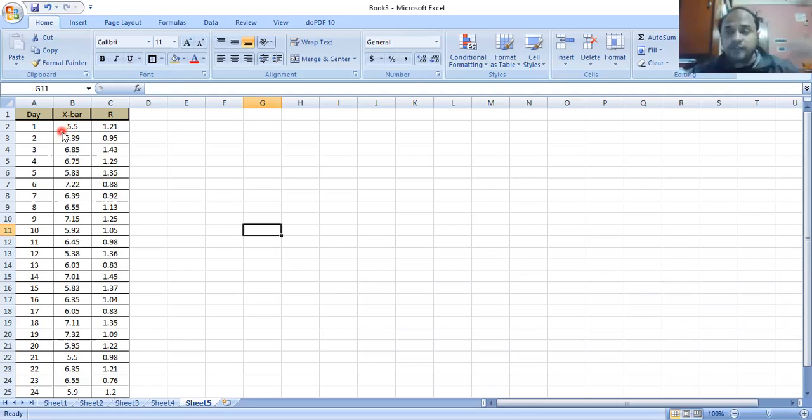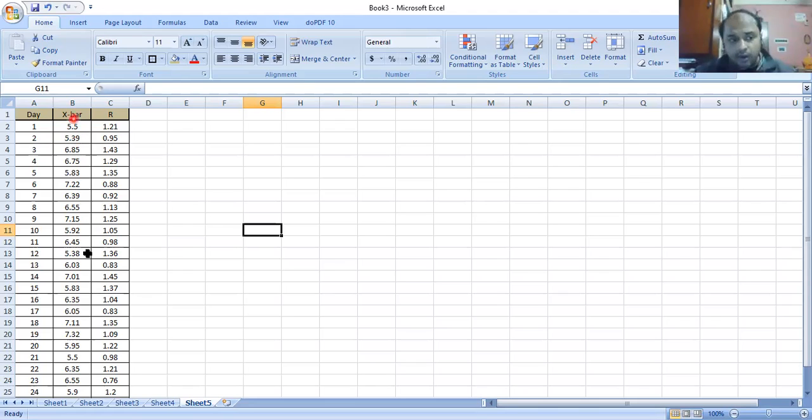For 3 consecutive values, the average has been taken. That means the values were added and divided by 3. That value is 5.55. For day 2, the 3 consecutive values were chosen, and the arithmetic mean was calculated, and that is 5.39.